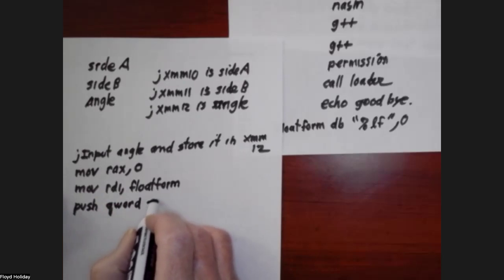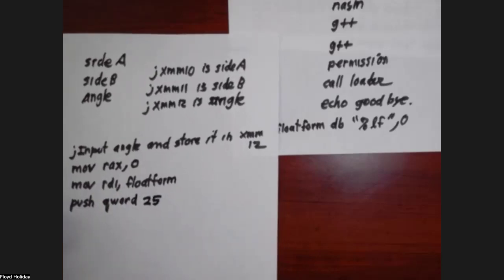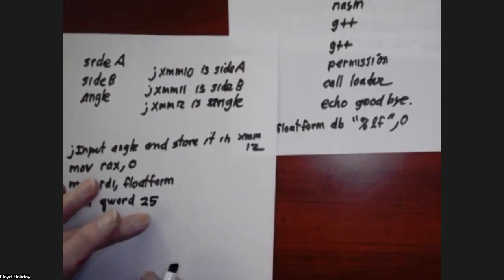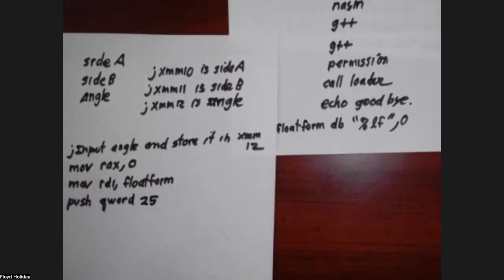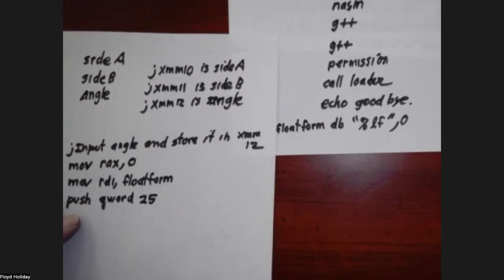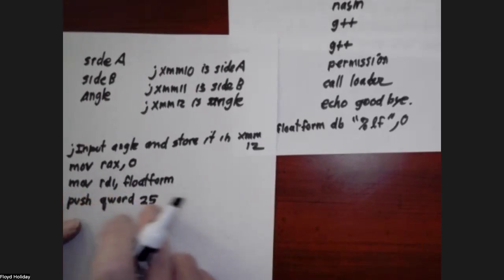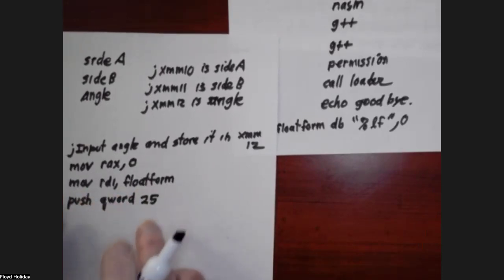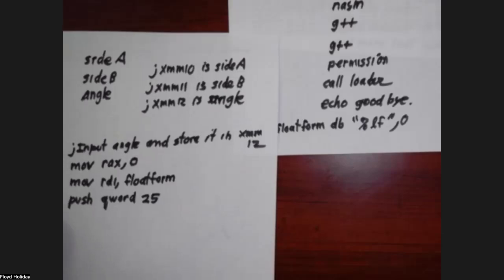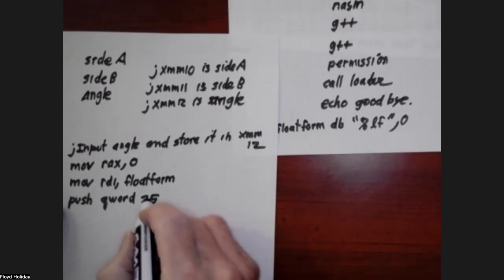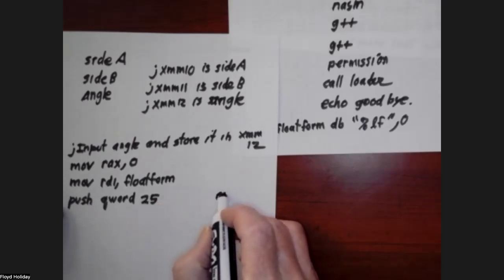I'll just say 25. Quad word is there to say it's 25 stored in 64 bits. We can't see that, but the push operation needs to know how many bits we are pushing. We're pushing a quad word of bits, and we're just throwing in this junk number 25 to fill up some of the space. Now, after that, RSP is pointing to that 25.